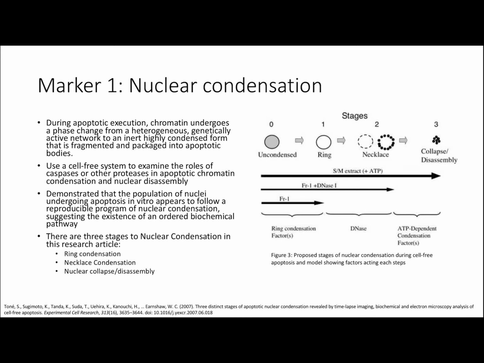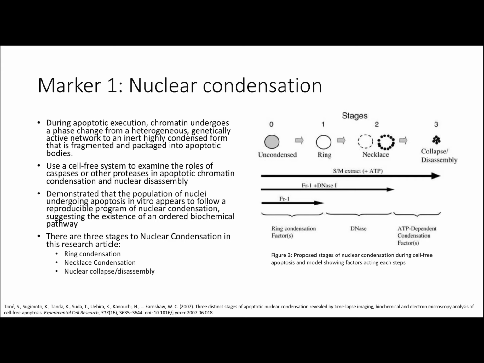So I found a paper that talked about nuclear condensation, and what they're trying to do is figure out if this has stages or not. To do that, they used a cell-free system to examine the roles of the caspases and other proteases in the apoptotic chromatin condensation and nuclear disassembly.